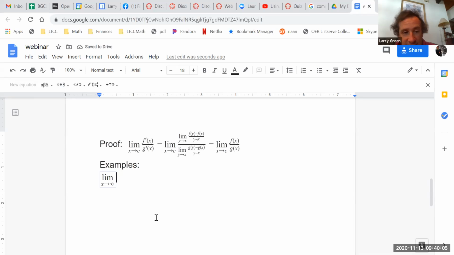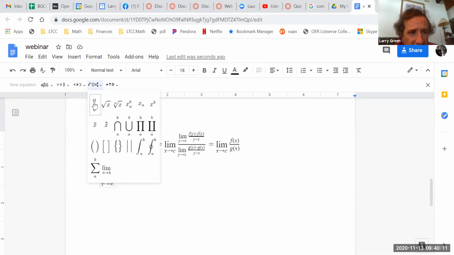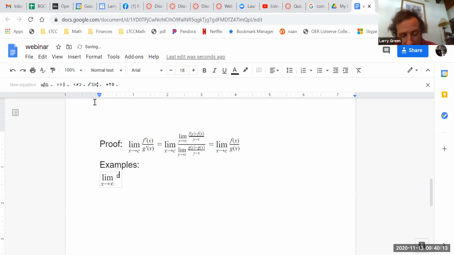Let's say x approaches infinity of e to the x over x squared. Any questions on the question?